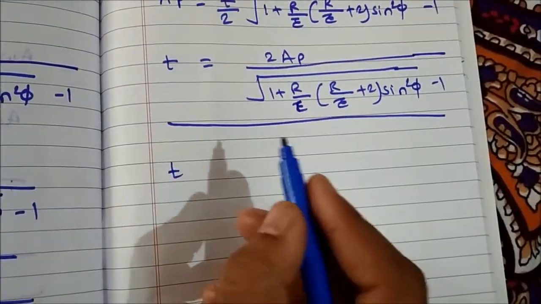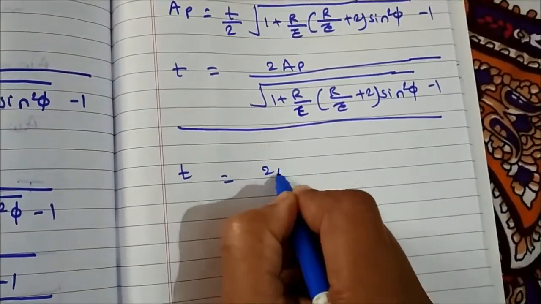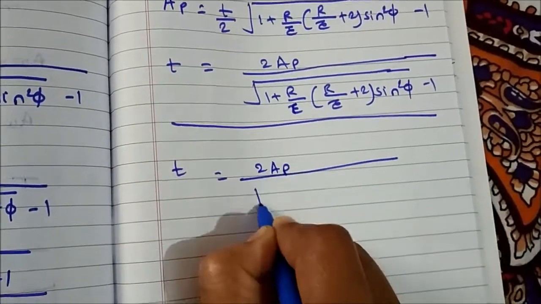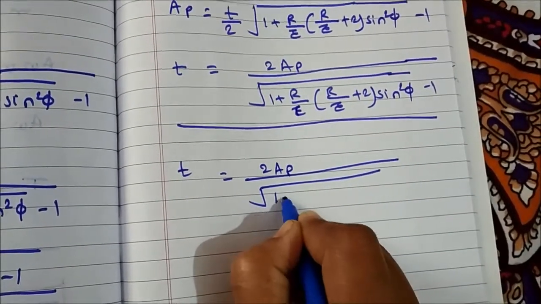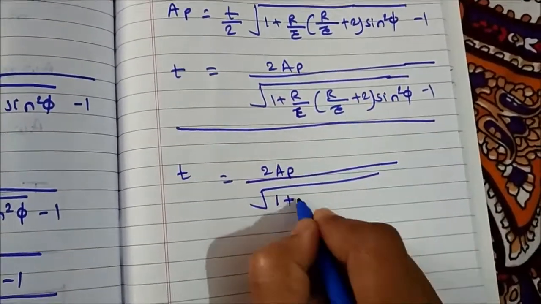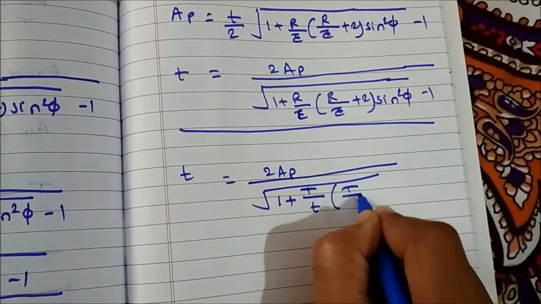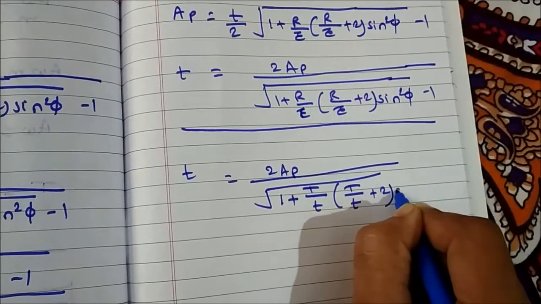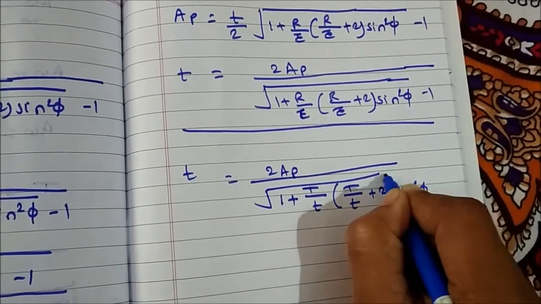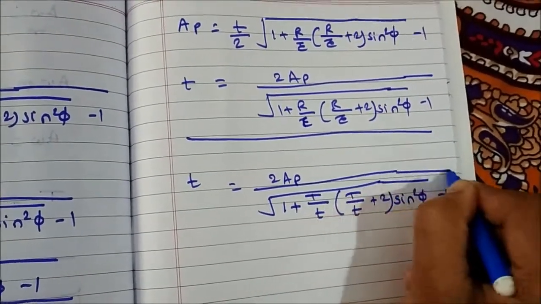Here we can simplify this equation to 2AP divided by under root of 1 plus, now R upon r becomes T upon small t, T upon small t plus 2 sine square phi outside the root, minus 1.